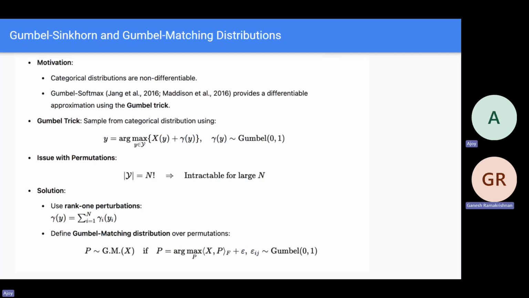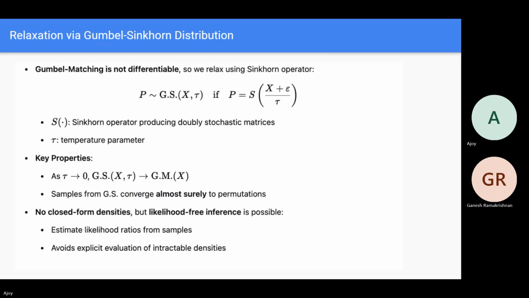So you're seeing rank one perturbations. Okay. Next. So yeah, Gumbel matching is not differentiable, so relaxing with the Sinkhorn operator, which produces doubly stochastic matrices. Next.